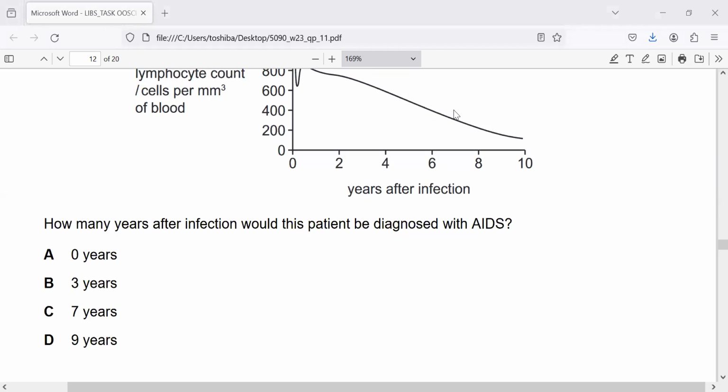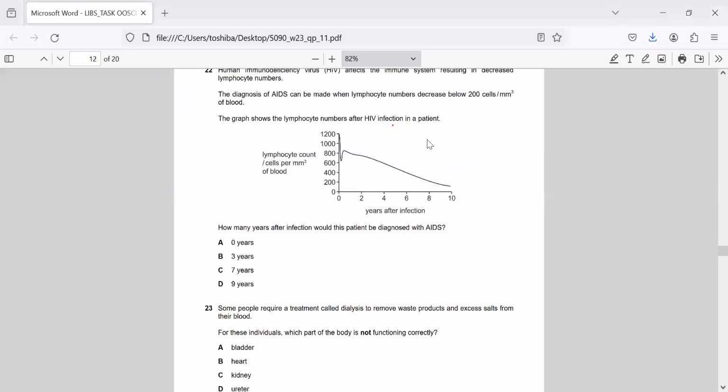You can see that it's below 200, so it would be coming here somewhere, so it would be 9. By looking at the options, we can identify it. So the option number D is correct. It is given 9.